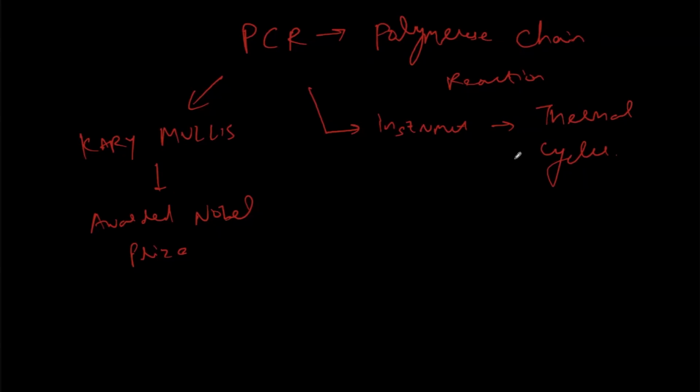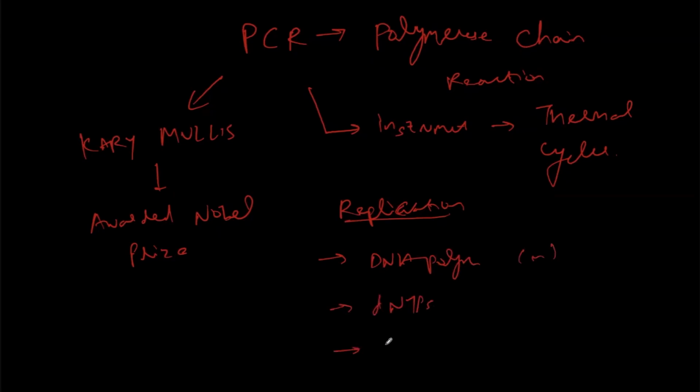Now, you might have studied replication in class 11th, I guess, where there is the use of DNA polymerase. We have the enzyme, we have dNTPs, and then we have primers. Even PCR uses the same things.